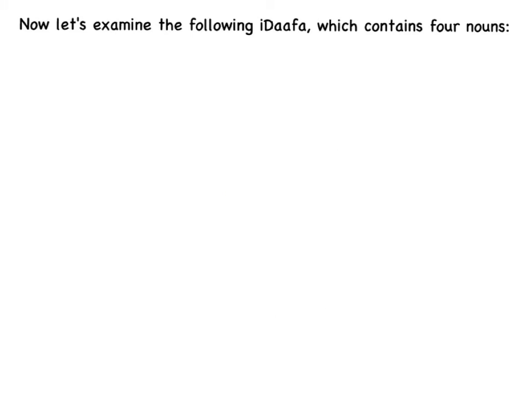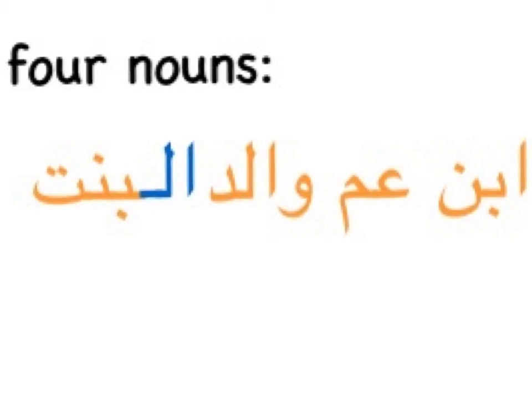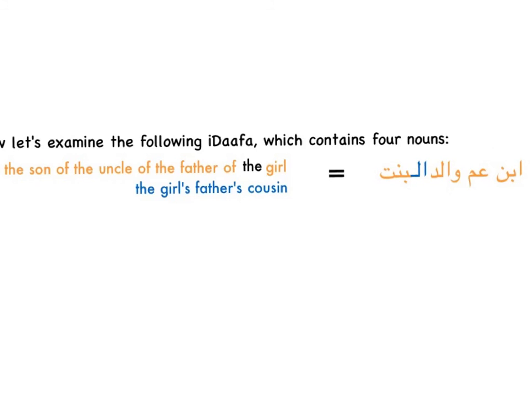Now let's examine the following إضافة, which contains 4 nouns. ابن عم والد البنت. 4 nouns as promised. Which means the son of the uncle of the father of the girl, or simply put, the girl's father's cousin.